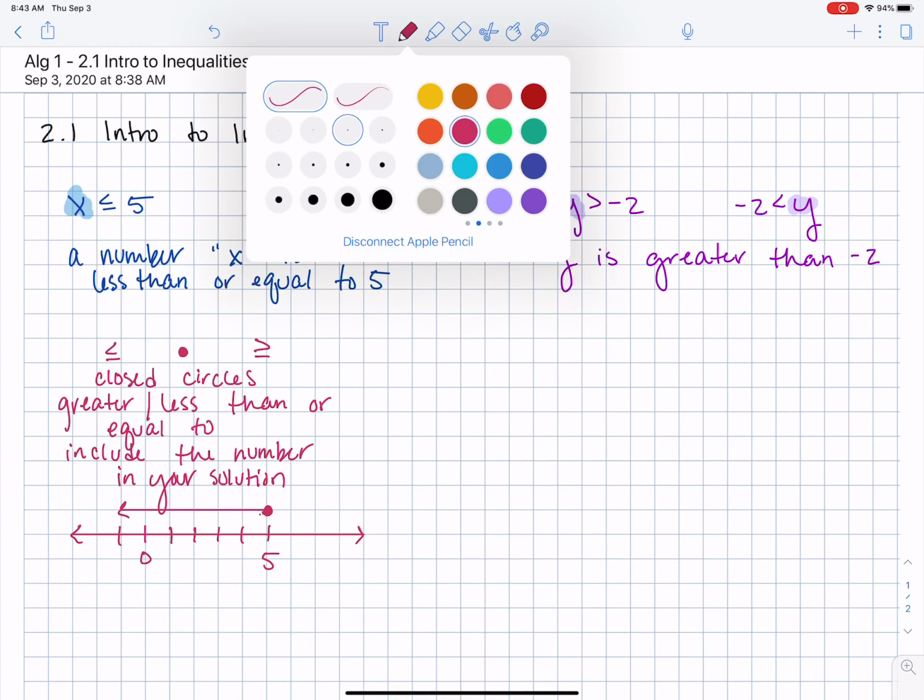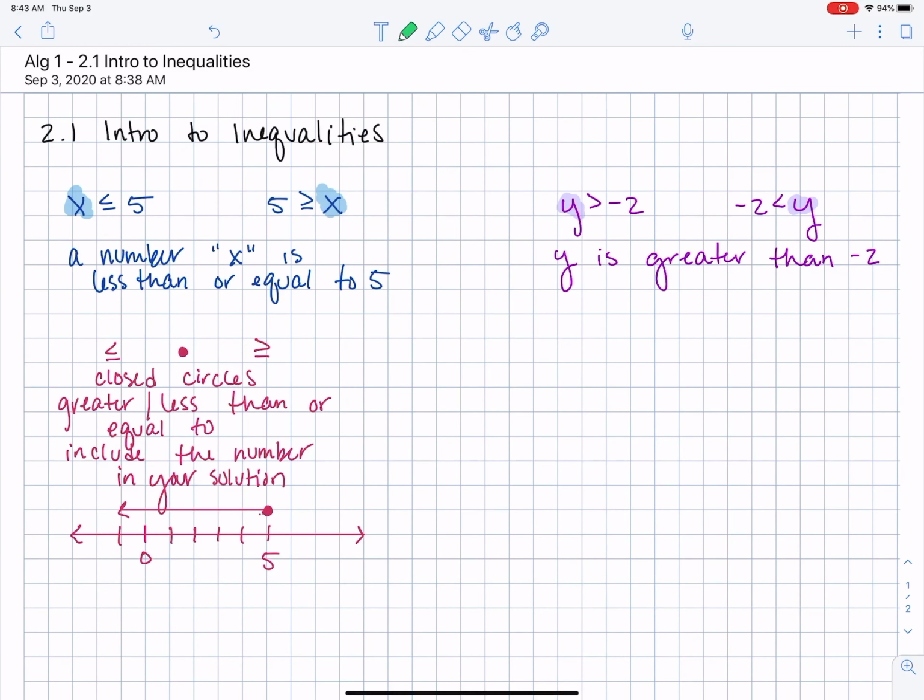So on the other one, these are called open circles. This is when we have greater than or less than, the classic alligators, with no equal sign.